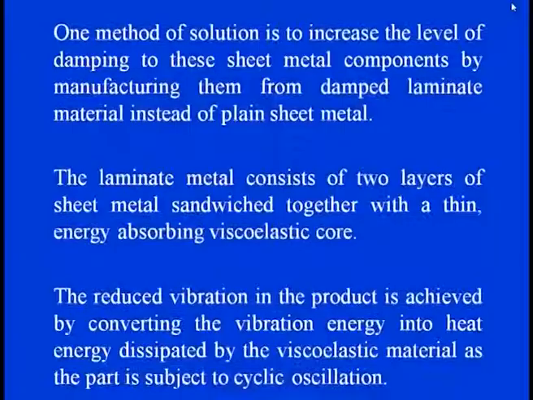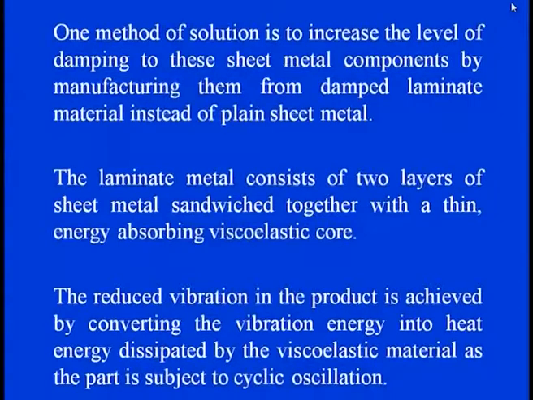So, one method for solving such a problem is to increase the level of damping, either of the sheet material or any component of it, or else we can simply use a damped laminated material instead of the sheet plate.